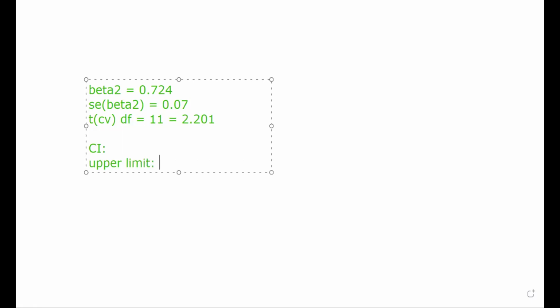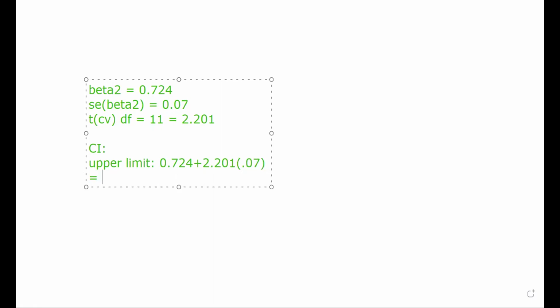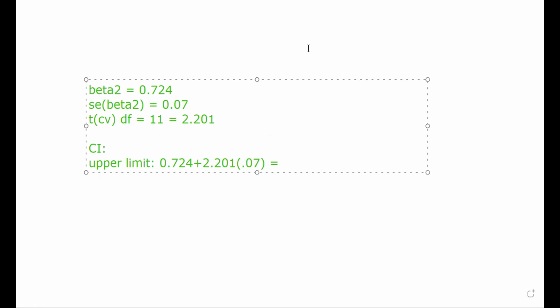The upper limit is 0.724 plus 2.201 times 0.07. It is better to make it a blue color.